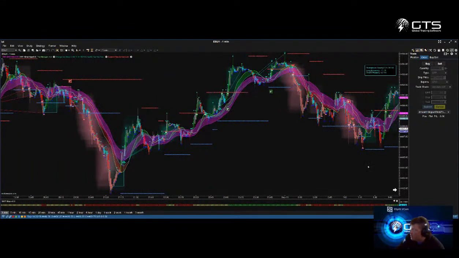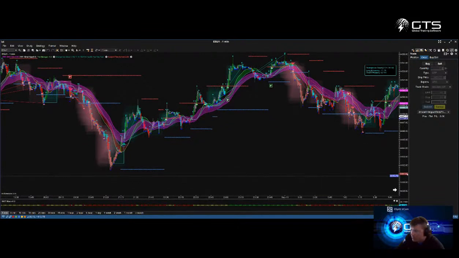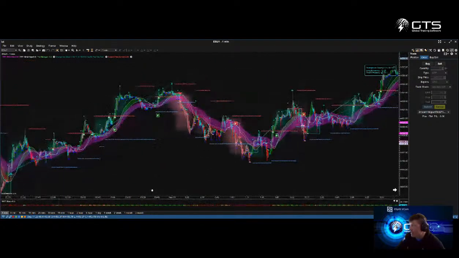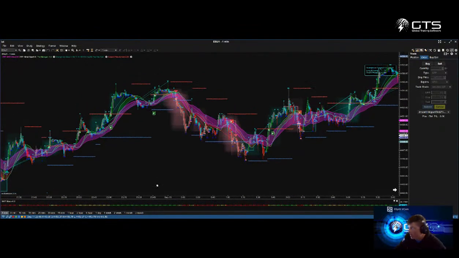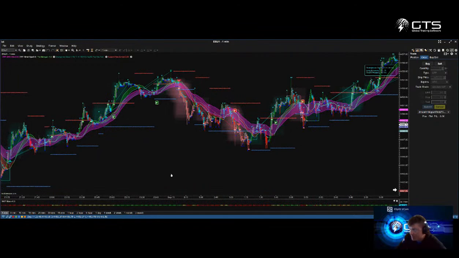Hang on. There we go, 441, and that was at 9:05-ish last night. So that's a massive range right there. I say massive, it's like, what, 17 points? But 17 points on the ES can pay a house note.